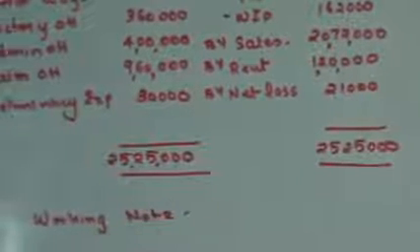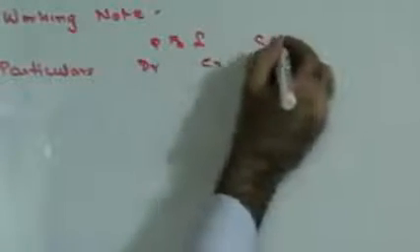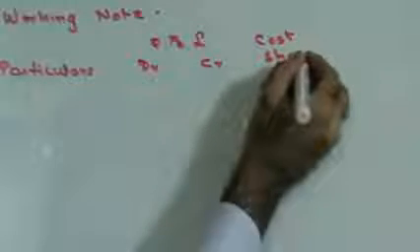Working note, particulars, P&L, debit, credit, cost sheet. Right? Let's see this. Now you have to find out all those entries in which the figures are not same. Direct material, in cost sheet 570, in P&L 520.